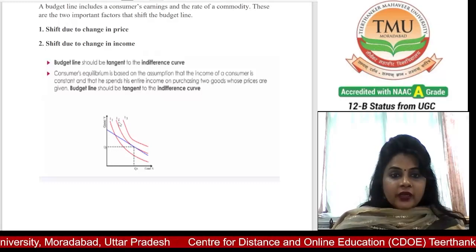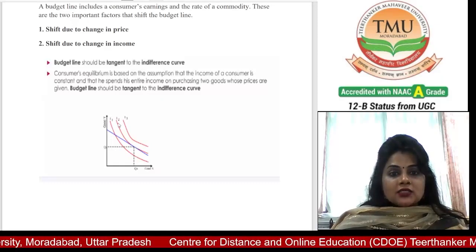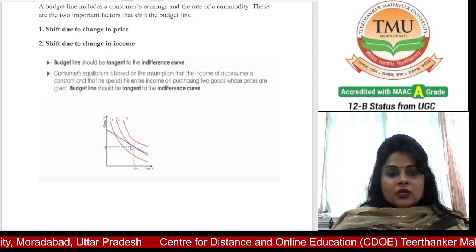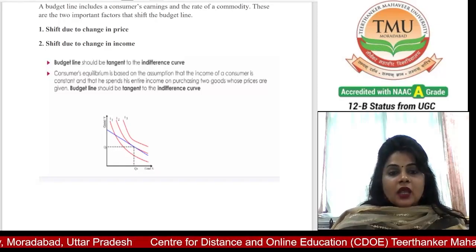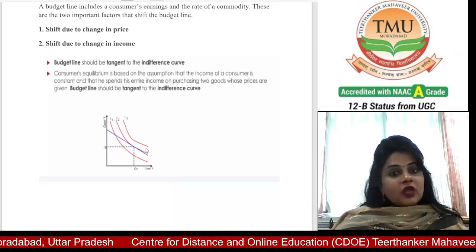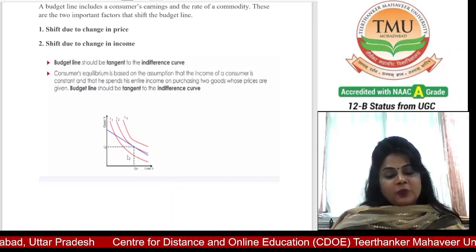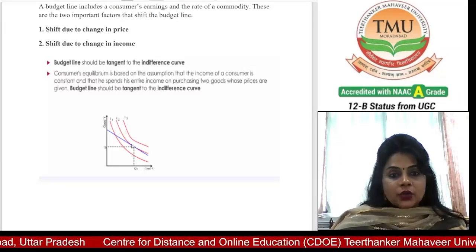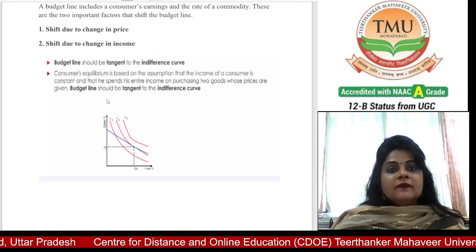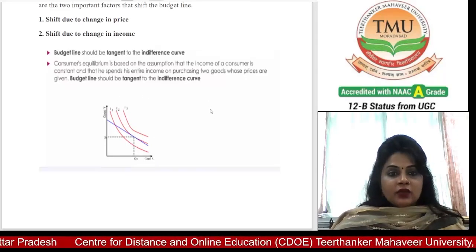There are IC1, IC2, IC3. IC2 touches the budget line, IC3 is beyond the financial reach of the consumer, and IC1 is underspending. So IC2 is the tangent to the budget line.